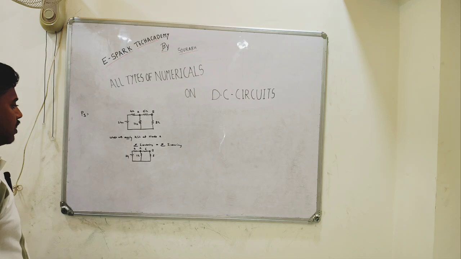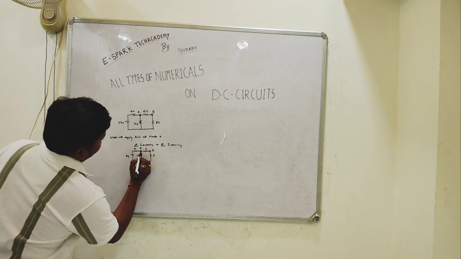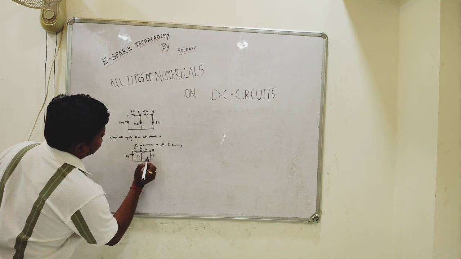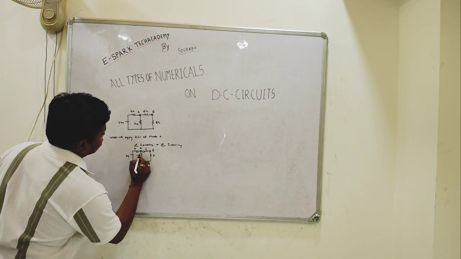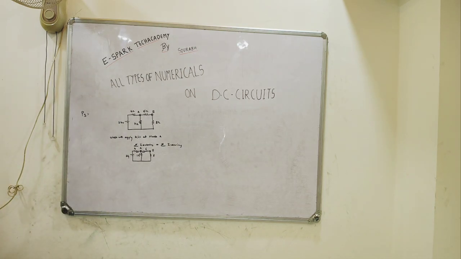Now as we are applying the KCL, just say each and every current is flowing away from the node A. Now we will write the equation for this.